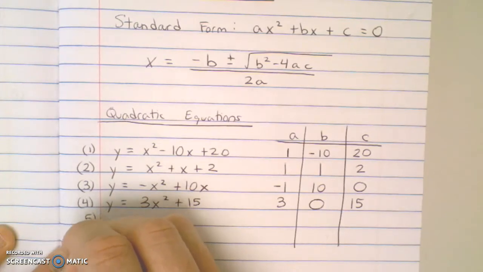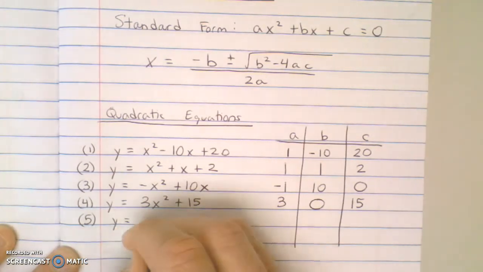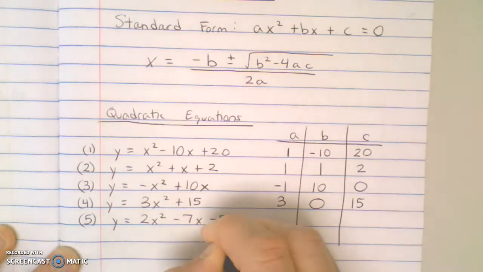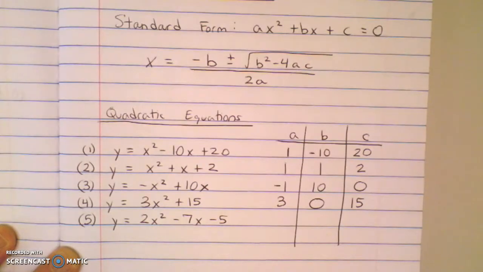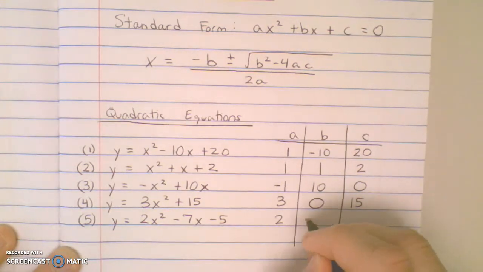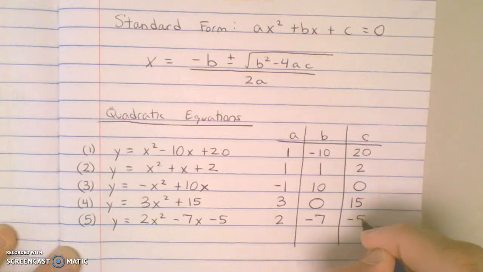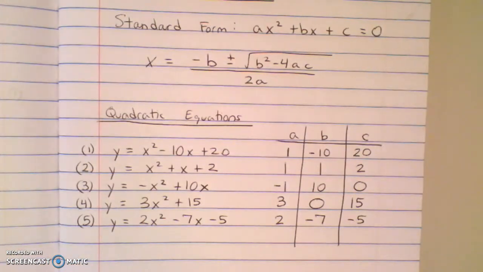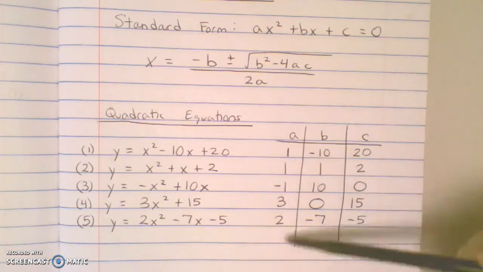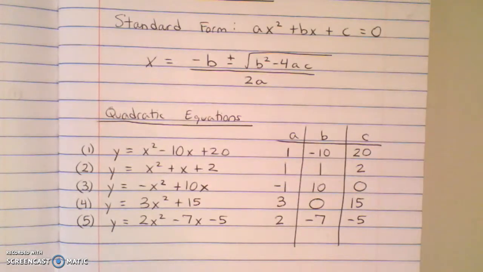Then our last example. So I've got 2 is my a value, -7 is my b value, and -5 is my c value. So again, once you've identified the coefficients of the numbers, that gives you the a, b, and c values, and now you can just plug them into that formula.